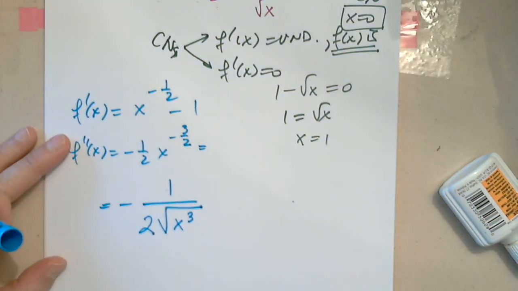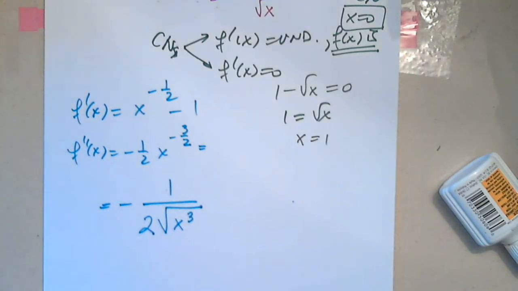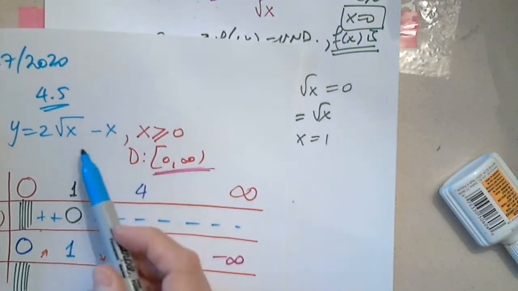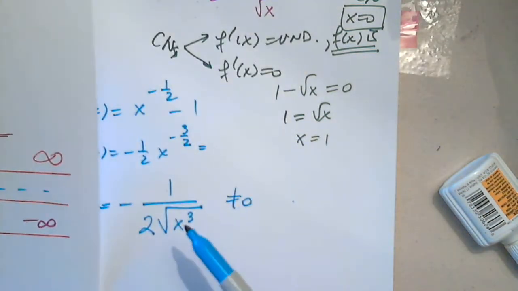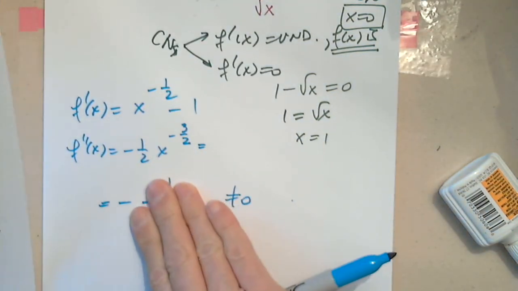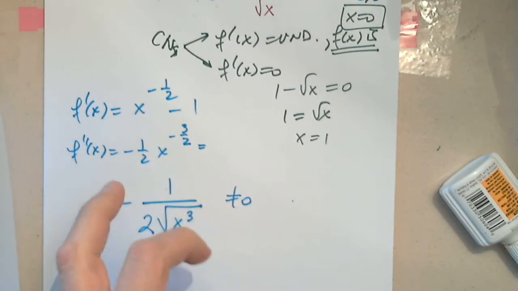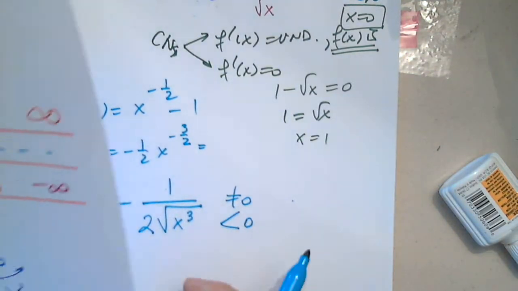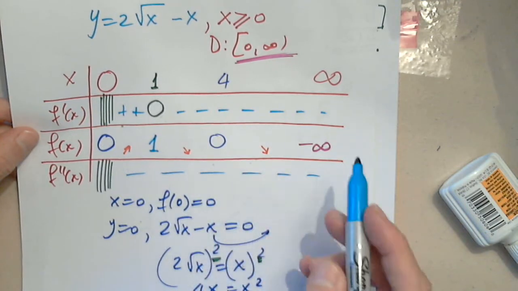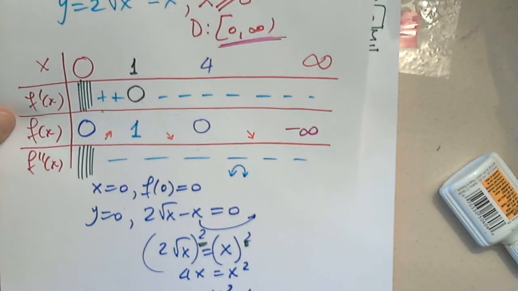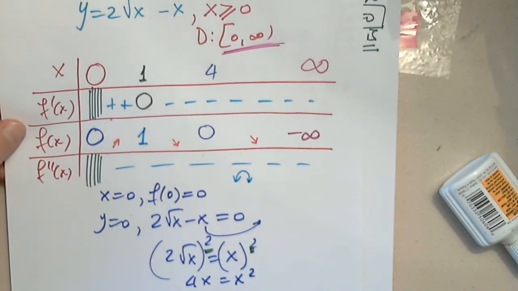Okay, so I realized that this is never 0. And furthermore, because x is always positive, the whole thing will be always positive, but since it has a negative in front, it will always be negative. Which means the function does not hold water, and it does not have inflection points.